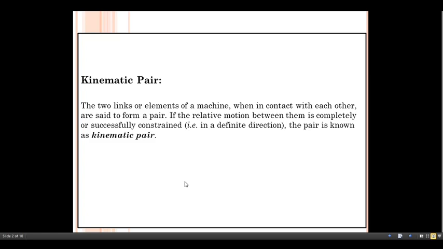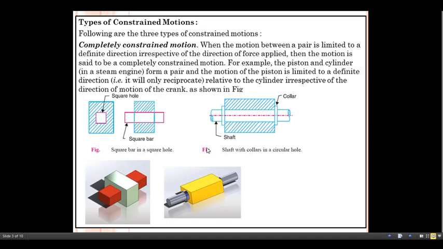The two links or elements of a machine, when in contact with each other, are said to form a pair if the relative motion between them is completely or successfully constrained, that is, in a definite direction. The pair is known as a kinematic pair. This will become clear to you when we discuss the coming slides.